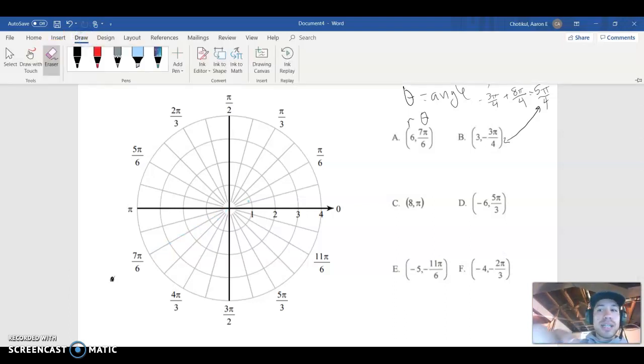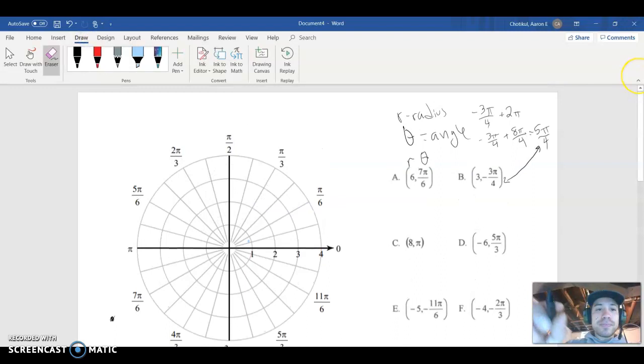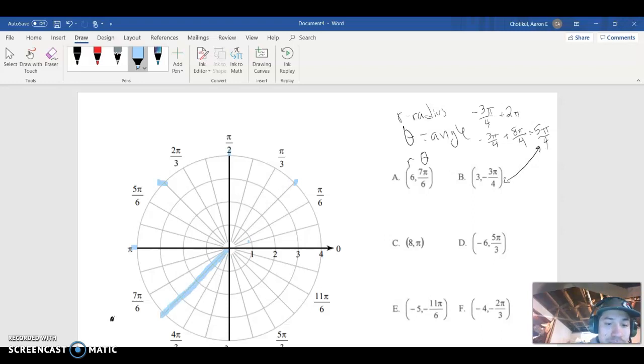Now we're going to be going to 5π/4, where the π/4 marks are right here: 1π/4, 2π/4, 3π/4, 4π/4, 5π/4. This can also be seen on your unit circle.